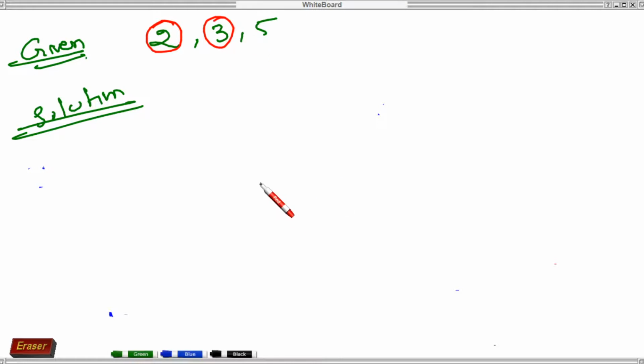Suppose the magnitude of this second vector is 3 and this one is 2.